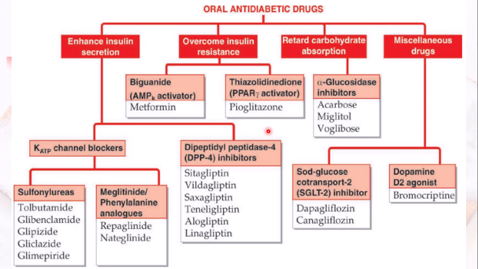If you inhibit the enzyme that breaks down incretins, the incretins will be able to carry out their function, resulting in an increase in insulin synthesis and release, and suppression of glucagon production in a glucose-dependent manner.